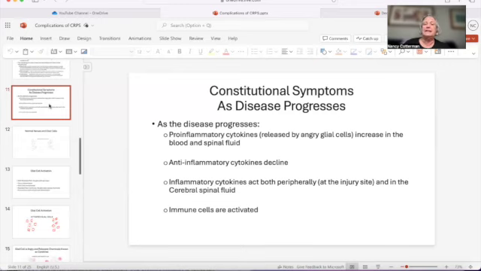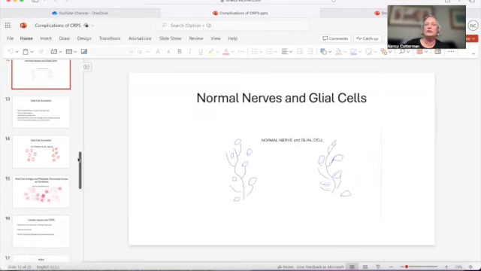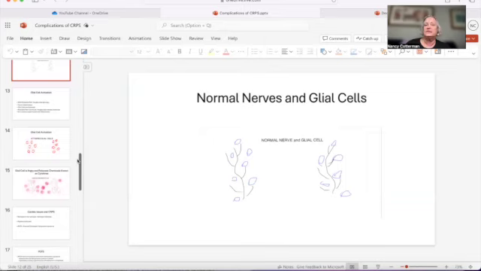Inflammatory cytokines act both peripherally at the injury site and in the cerebral spinal fluid. Immune cells are activated. If you remember back, this is what normal nerves look like, with the glial cells acting as glue between them.